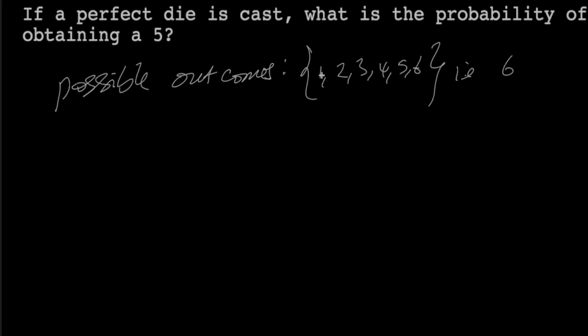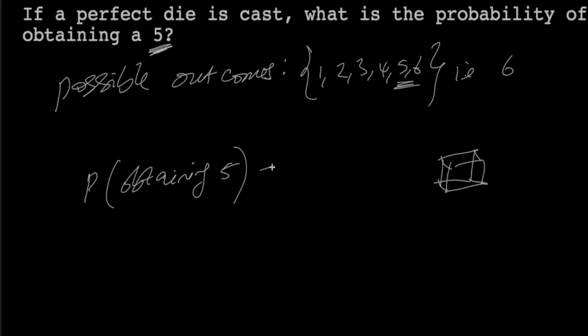And you agree with me? 1 is just alone, 2 is alone, 3 is alone, 4 is alone, 5 is alone, 6 is alone. They are just 1 each. This question says, what is the probability of obtaining this 5? How many 5 are here? Just 1 five. Because that is a face. The probability of obtaining 5 is equal to 1 over the total number of what? Possible what? Outcome. 1, 2, 3, 4, 5, 6. This is what? The result.